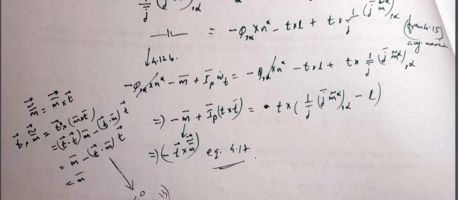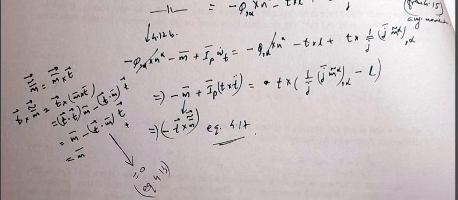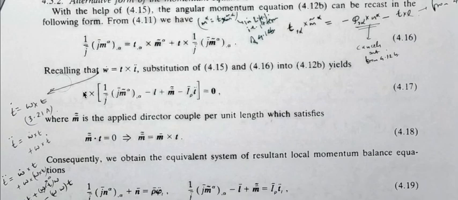This is some new quantity which is introduced, and this is the relationship which is given. You can check the derivation steps and then we'll try to understand later on. So this is the whole derivation. Everything becomes t cross something, and that something is collected in the brackets in the final form.